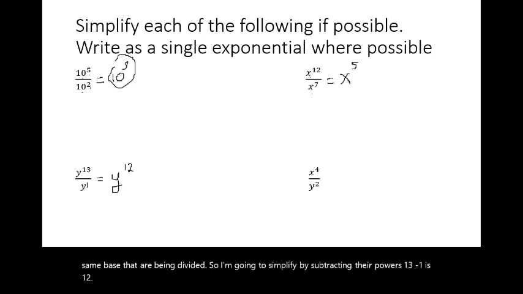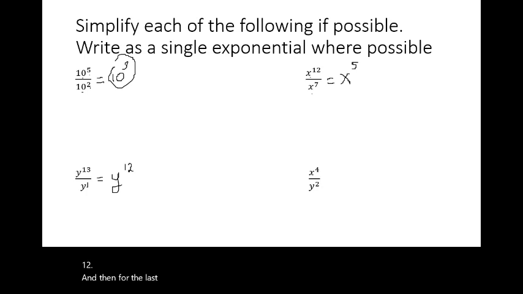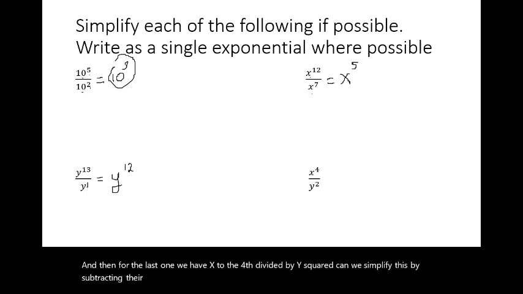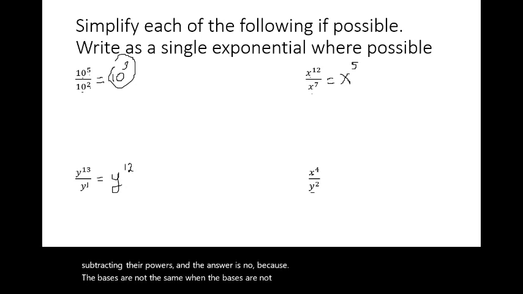And then for the last one, we have x to the 4th divided by y squared. Can we simplify this by subtracting their powers? And the answer is no, because the bases are not the same. When the bases are not the same, you cannot simplify this any further.